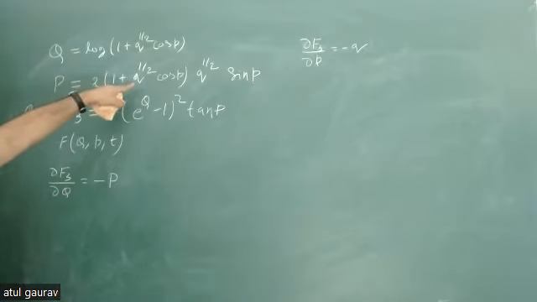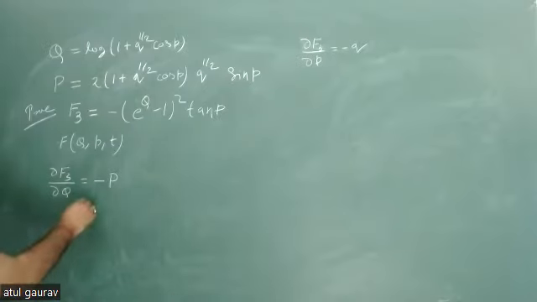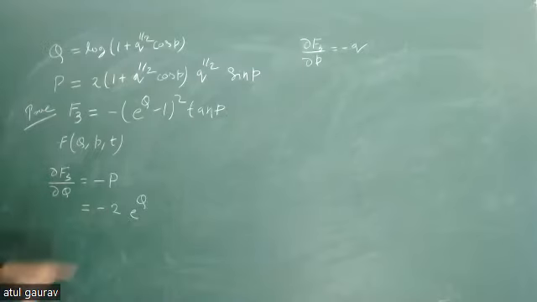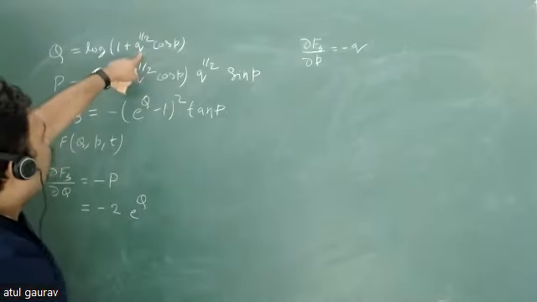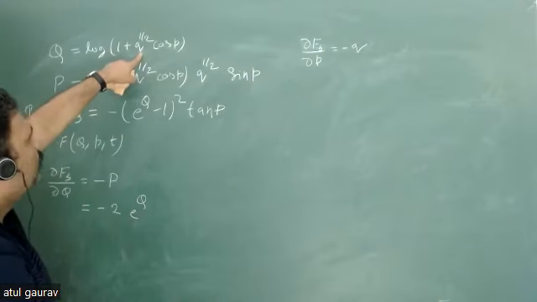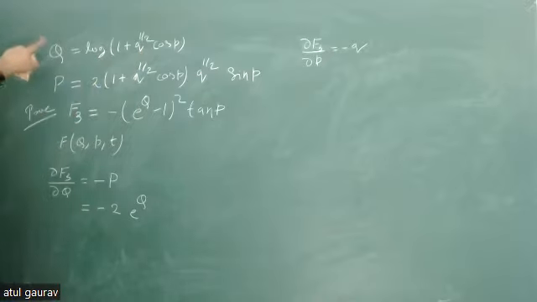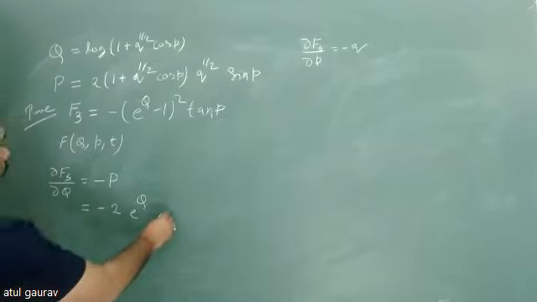So we are writing 2 times e to the power capital Q, and this q to the power half can be written from here. Yes or no? So this will be e to the power q minus 1 by cos p.